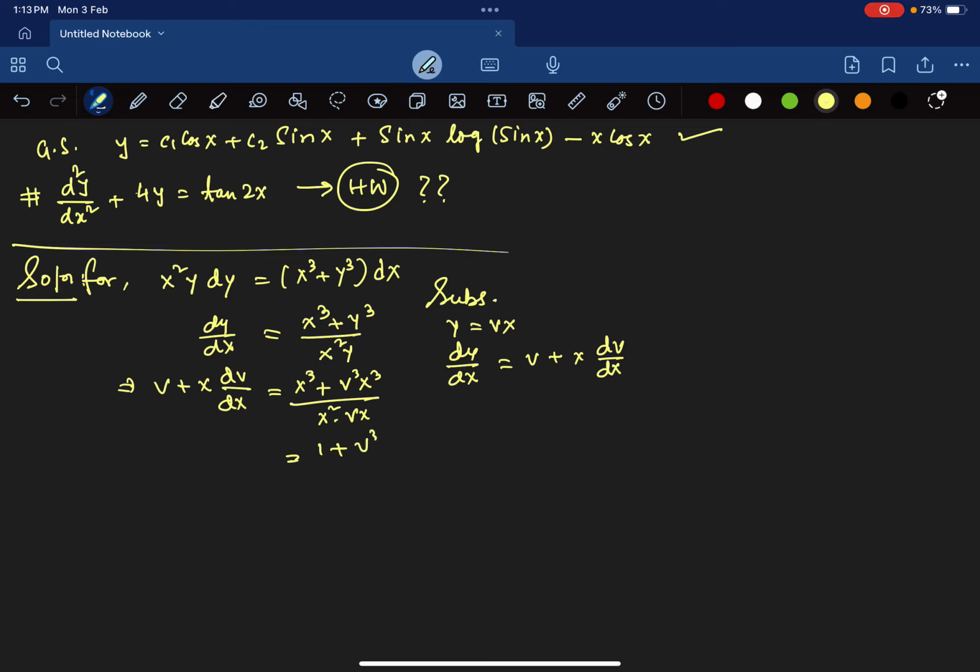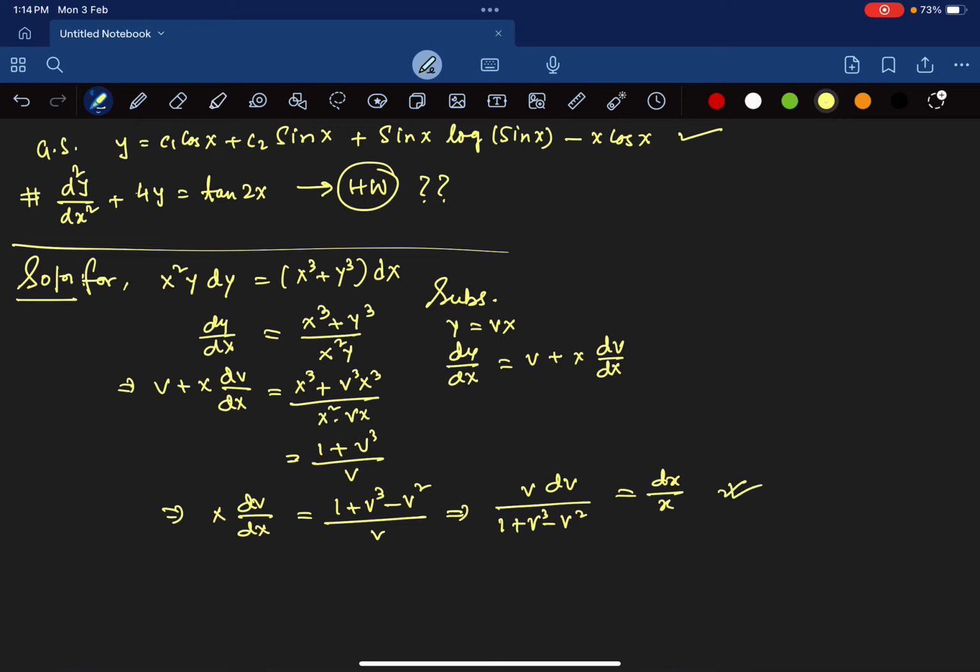After doing the simplification you will get x dv/dx = (1 + v³ − v²)/v. So from here v dv/(1 + v³ − v²) = dx/x. Up to this all of you can do. After that you need to do this integration.